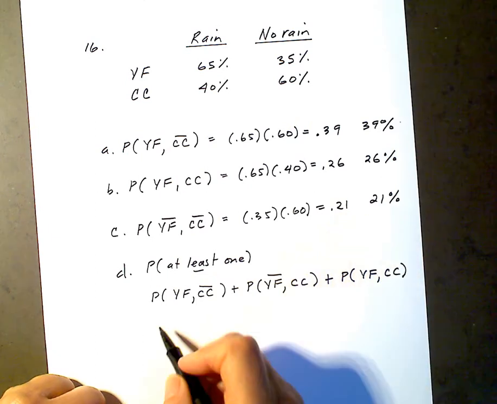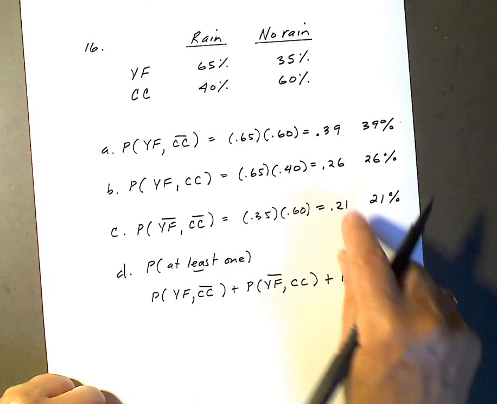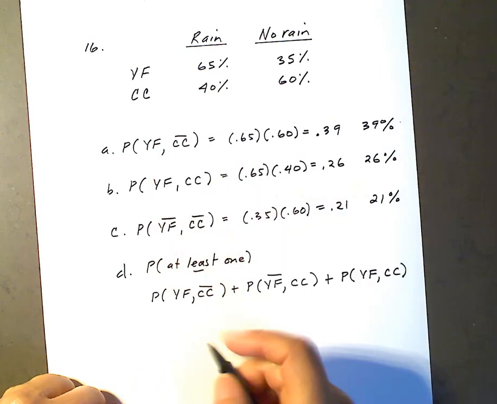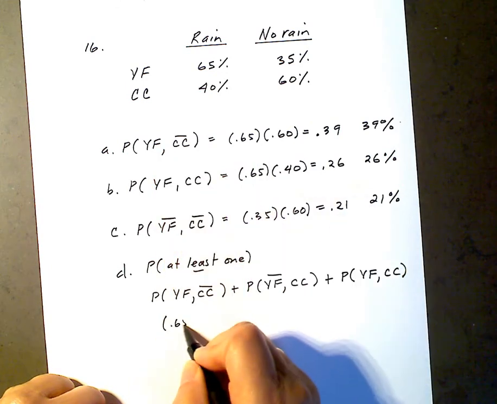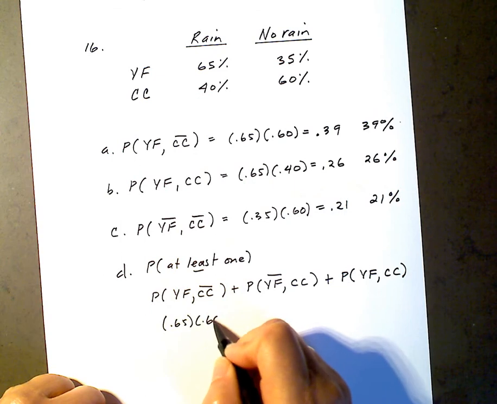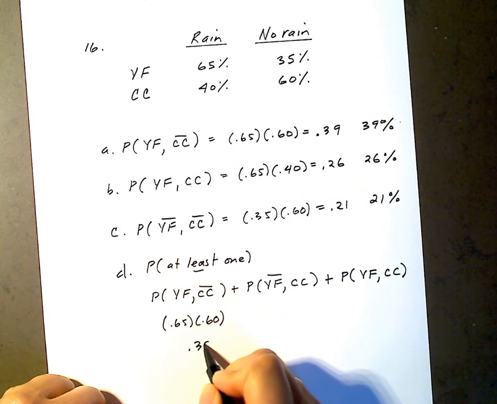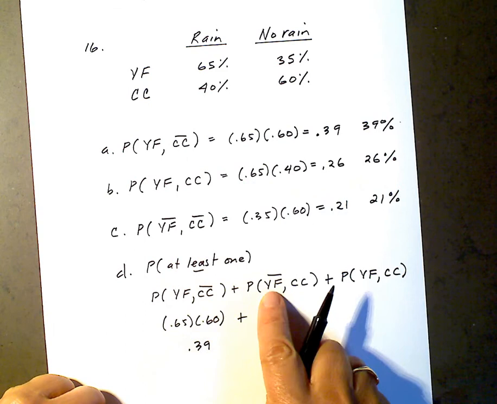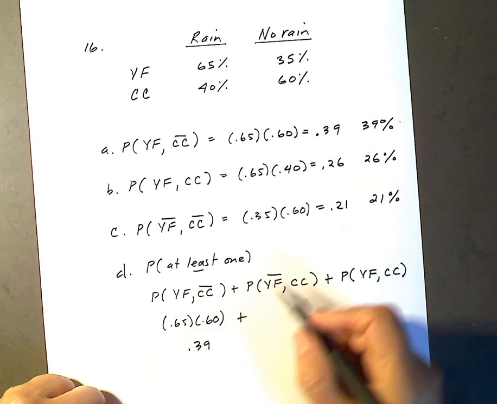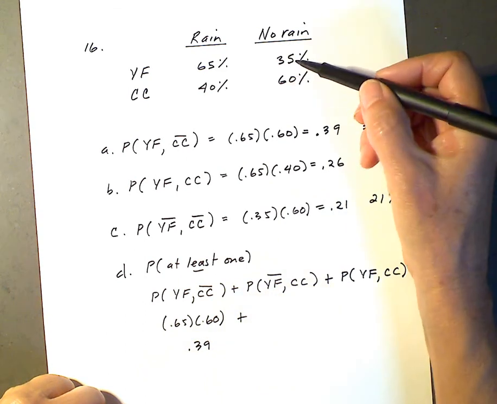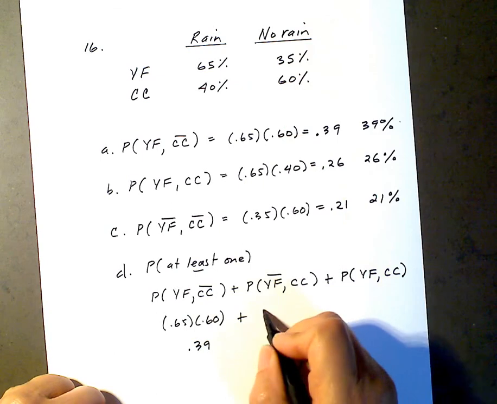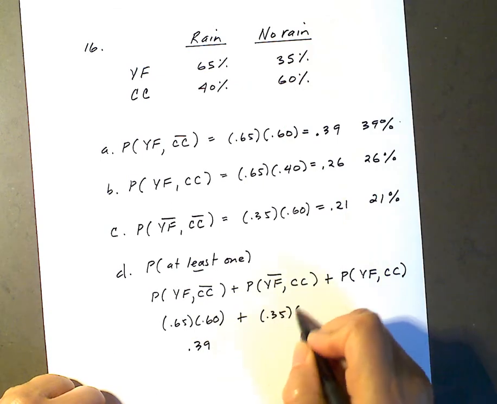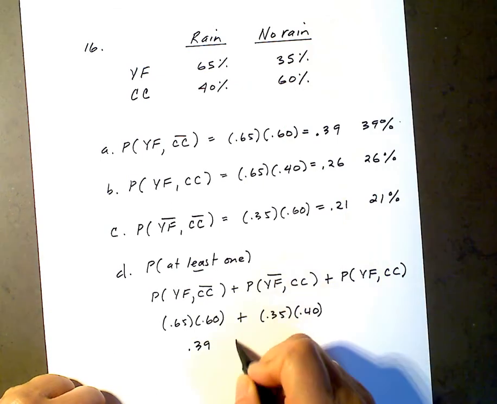So Yellow Falls and not Copper Creek, that's what we did in part A. So that's 39%. Not Yellow Falls and yes in Copper Creek is 35% times 40%. So that is 14%.